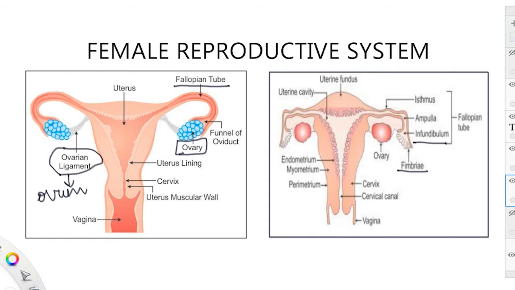These fimbriae collect the ovum that the ovary produces and it leads to the next organ, that is the infundibulum. After this infundibulum, it leads to a section known as the ampulla. After the ampulla, what comes next is the isthmus. So all these three parts are related to this fallopian tube, right?